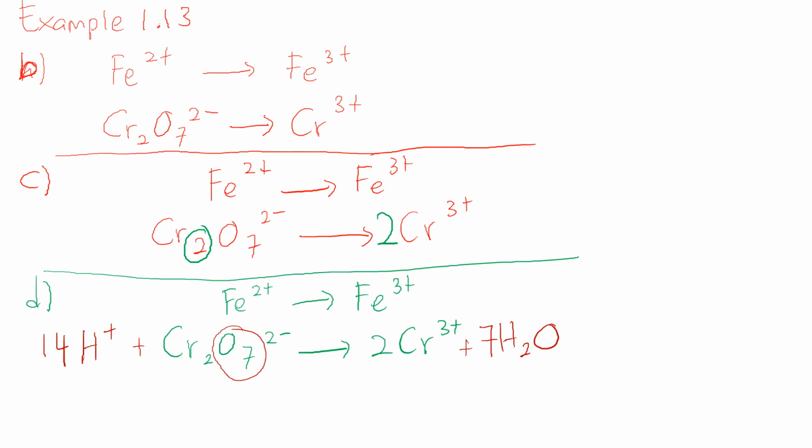Step E. Add electrons to one side of each half reaction to balance the charges. So for E, just now Fe2 plus produces Fe3 plus.